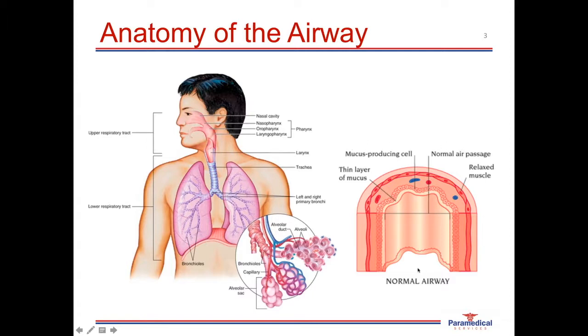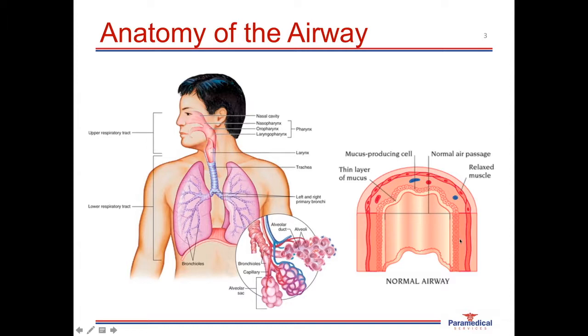Bringing your attention to the picture on the right hand side of the screen, we have an illustration of a cross-section through the airway. So this can either be a bronchi or a bronchiole. These pipes and tubes are regulated in their size by muscles, as we can see here, that are within the walls of the airway.